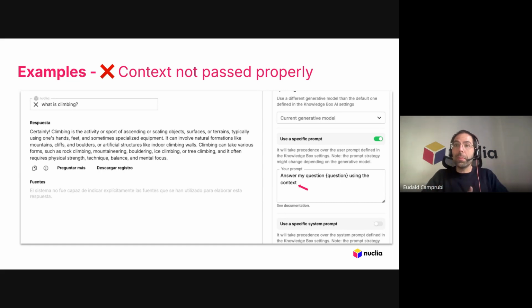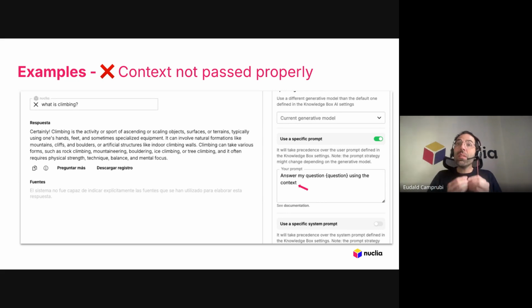So, removing the prompt that we are using, the specific prompt the user adds to the prompt section is: answer my question using the context. Here, we see that question is written under brackets, but context is not written under brackets. That means the model does not get the context, because we have not defined what the context is.